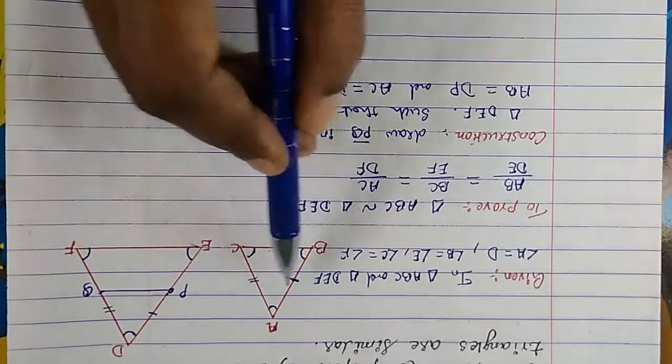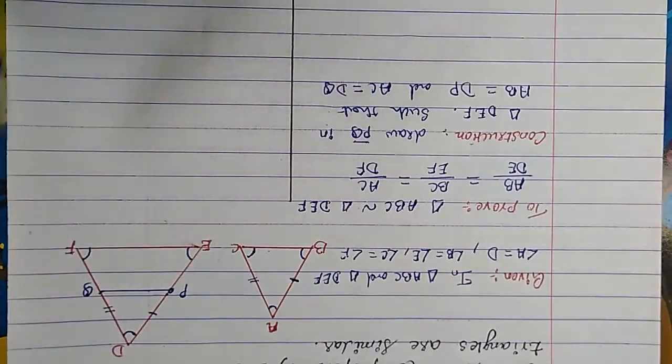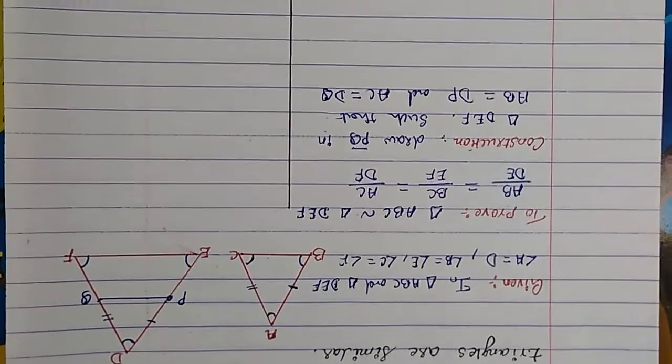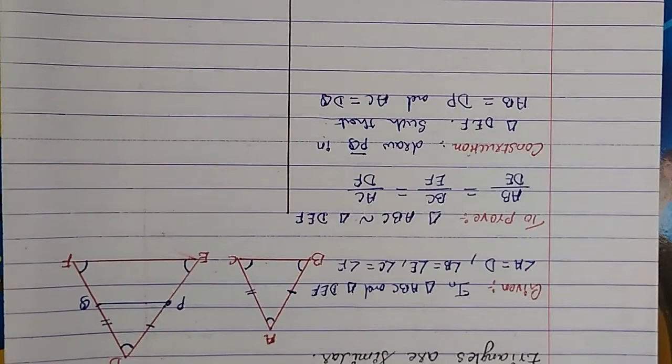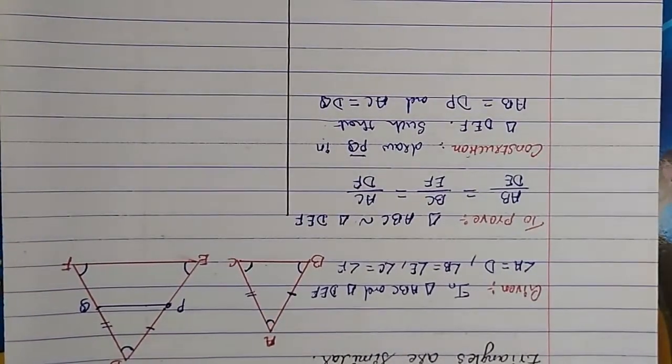Such a way we have drawn that this side is equal to this side, AC is equal to DQ. I hope it is clear to you. Now let's go for proving. So let's prove now.